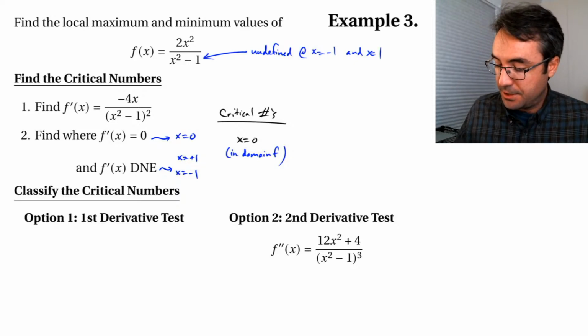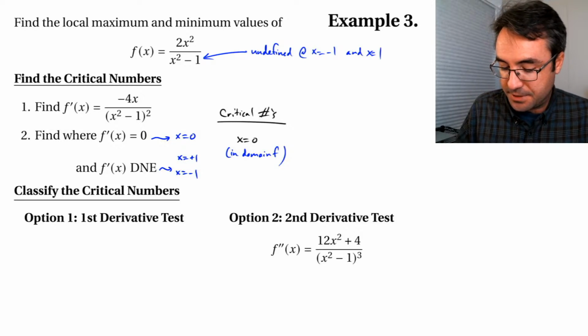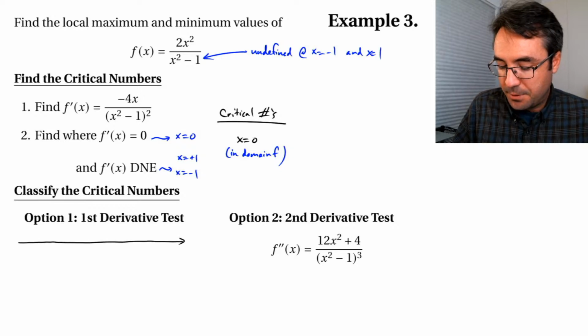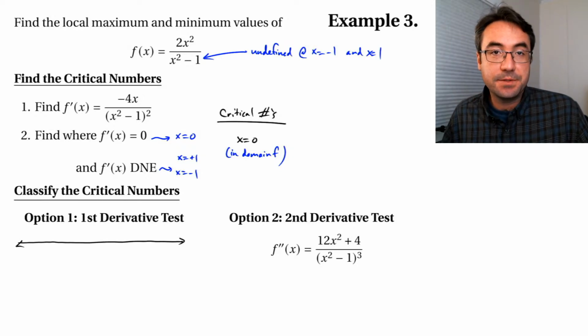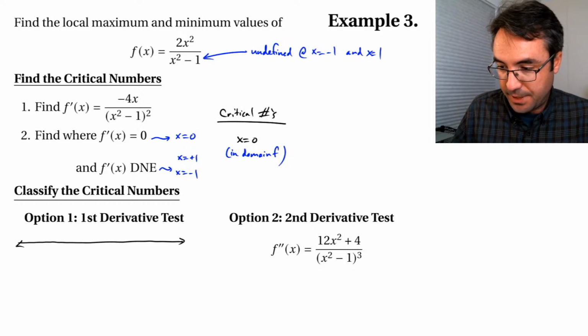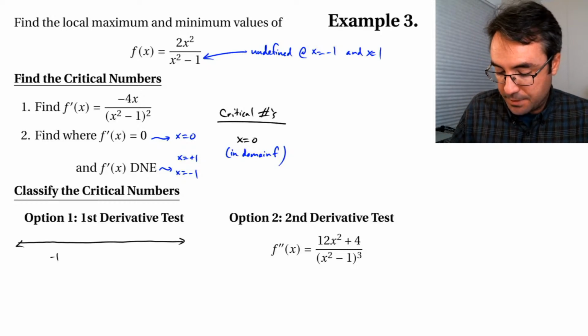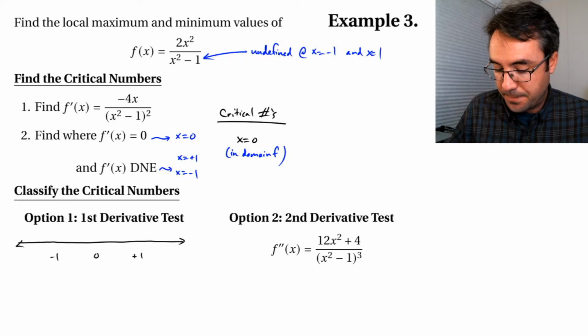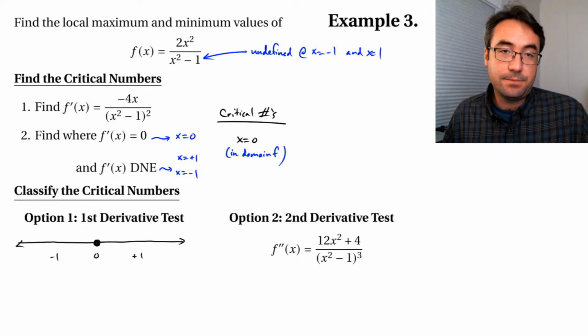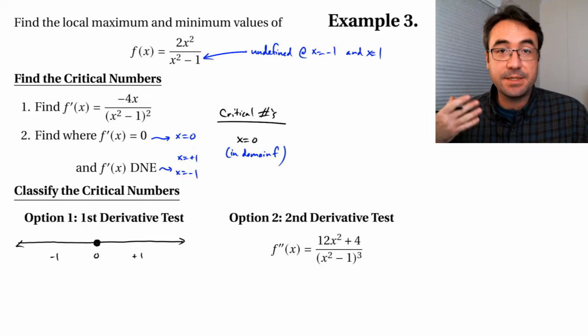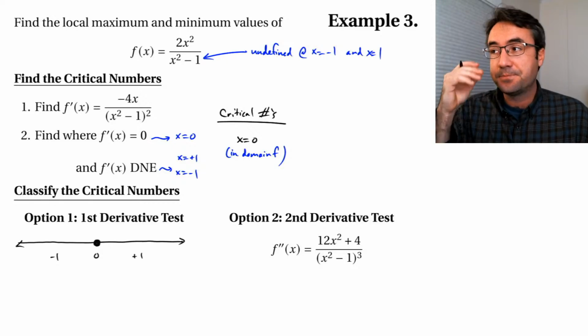So when we did our sign chart, let's try the first derivative test. We still had to plot all those different points: negative 1, 0, and positive 1. But for the critical number, we used a filled in dot, just to remind ourselves that it's actually in the domain of our function.